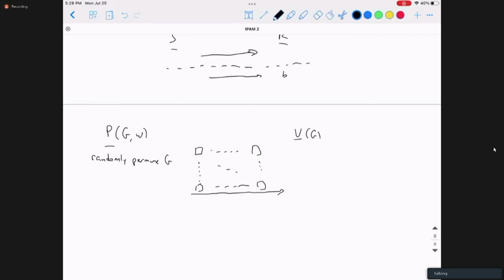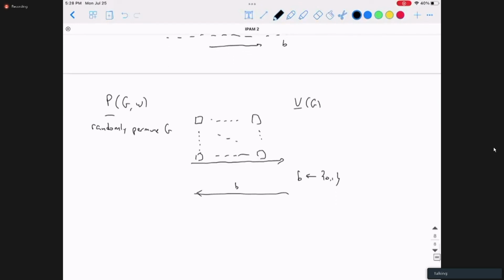What the verifier is then going to do is choose a random bit, and then send that bit back to the prover. And then there are two possibilities. The challenge bit is either 0 or 1.